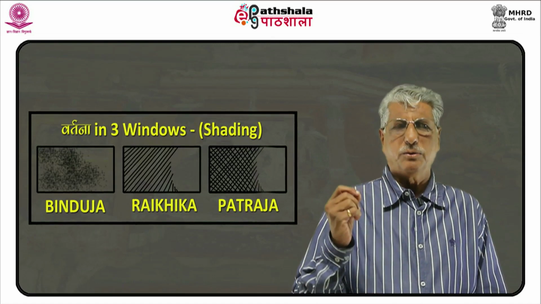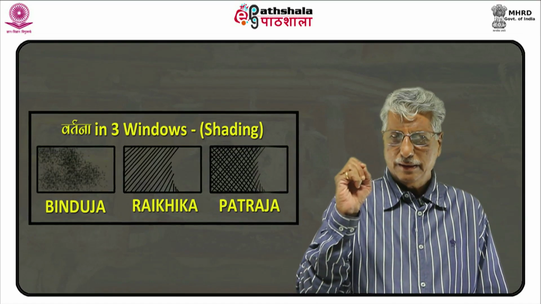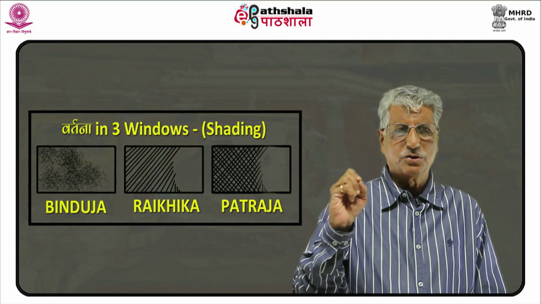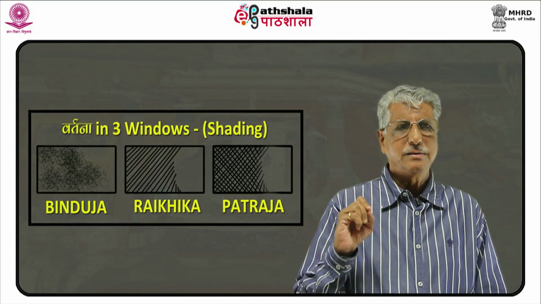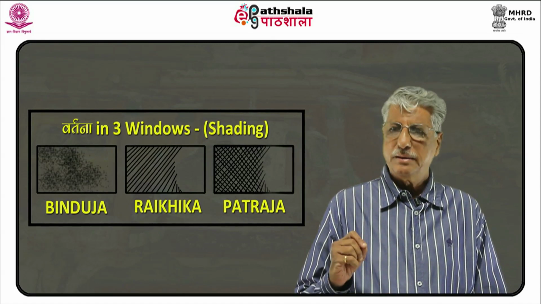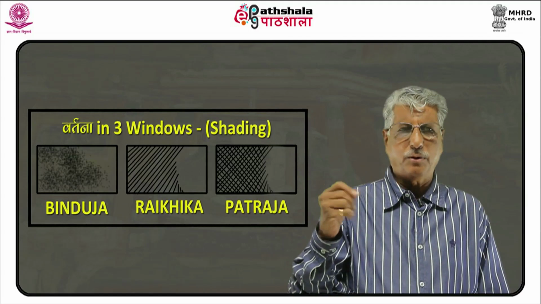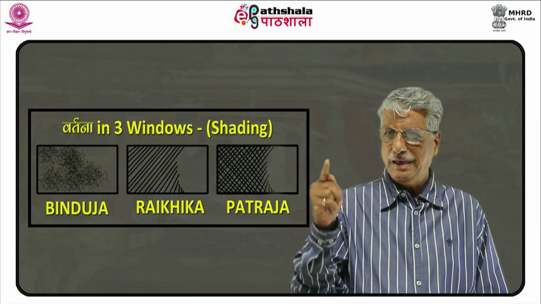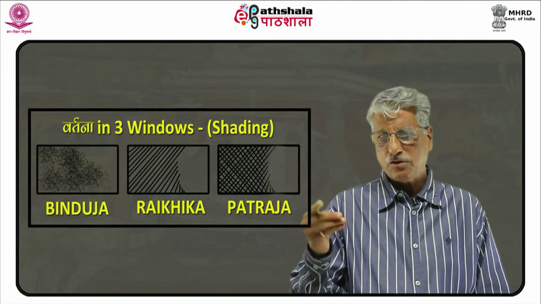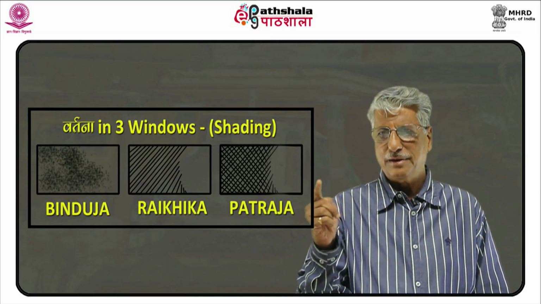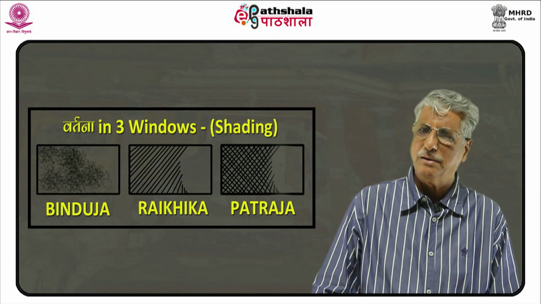Then Binduja Vartana is stippling, using dots to create the volume. And Patraja Vartana is created with the help of crisscross lines. Patra is leaf. Crisscross lines create diamond shapes which look like leaves, and that is why it is called Patraja Vartana.